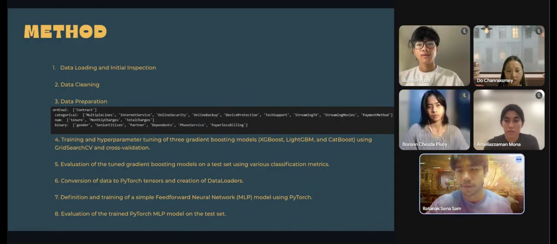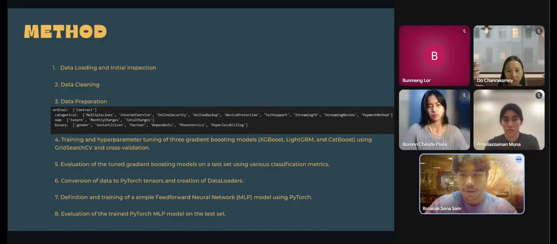Okay, so we talk about the method. I have divided the method into eight clear steps. So we load the data and do an initial inspection, and then we do the data cleaning as described, and then we have data preparation. For this data set, we have four distinct types of data: the ordinal data, the categorical, the numerical, and the binary.